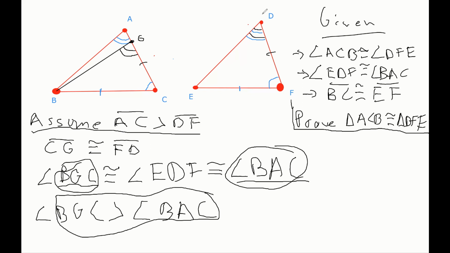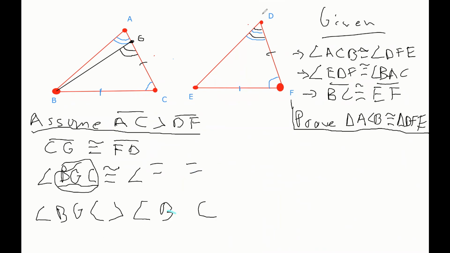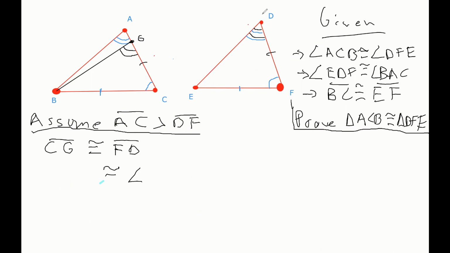I'm going to clear some of this just so we have more room to think. So what does this mean? Well, since this assumption is false, we have to take the negation of this statement, which is that AC is not greater than DF, so it must be the case that AC is less than or equal to DF.